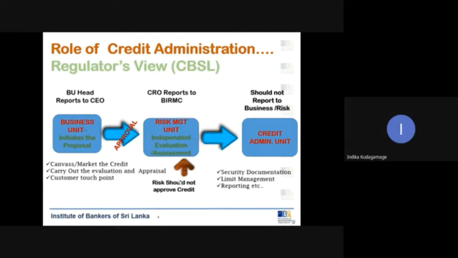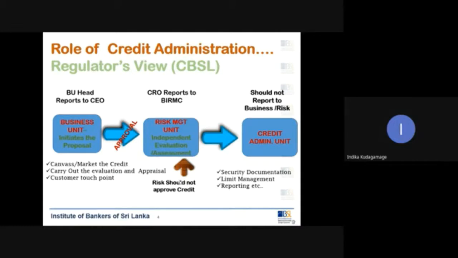See what happens? If the branch manager is the sole authority, he can bring a bogus facility. He can approve that. He can do the documentation. He can do the disbursement. He can cover up the recoveries. So the entire process is managed by one person.